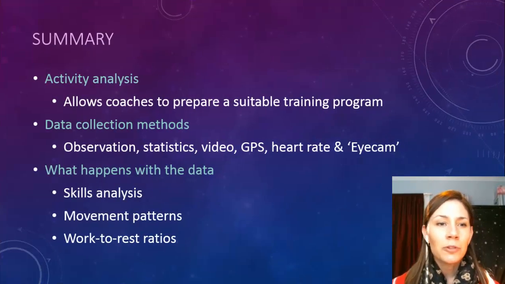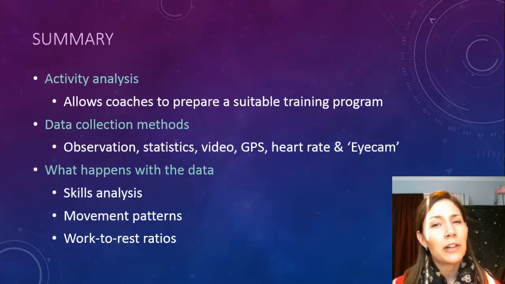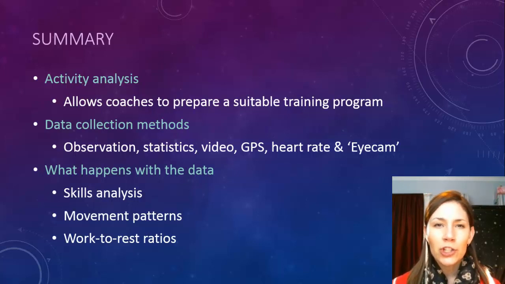Alright, so just in summary, the point of an activity analysis is to prepare a suitable training program. There's a few different ways to collect the data to prepare for this, and that is observation, statistics, video, GPS, heart rate, or ICAM.